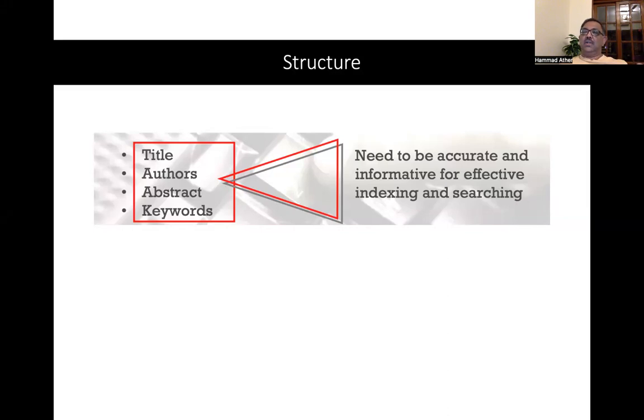So, for example, if you want to get information about open versus lap appendectomy, and if these words are not included in the title, abstract, and keywords, your paper will never be picked up. In millions of publications on the subject, your paper will never come up. So it's important for indexing and searching that you write these carefully.